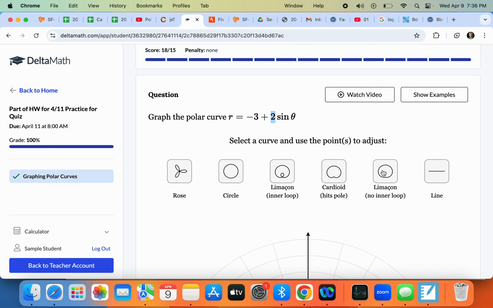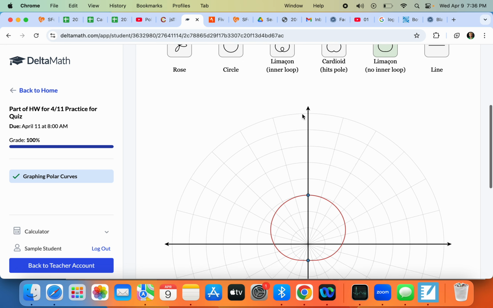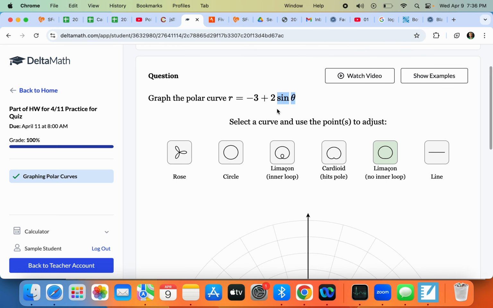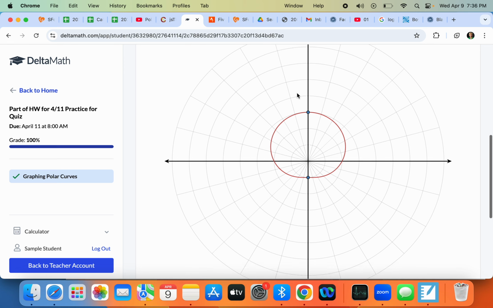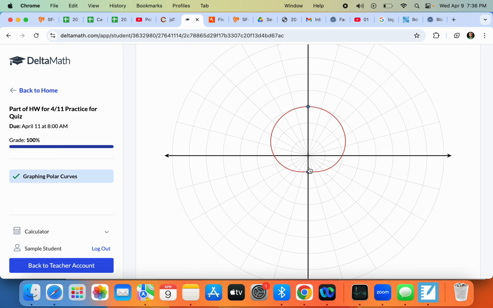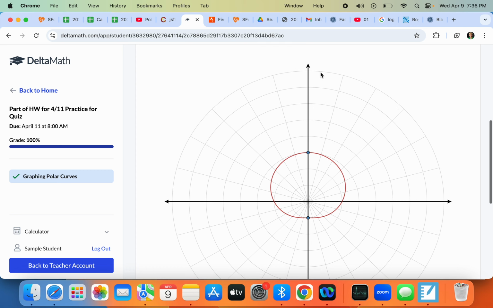So now I have this one, and it's going to be on the y-axis. So I get my little circle thing on the y-axis, and then you can fill in pi over 2. If you fill in pi over 2, you'll get a total value of negative 1. So I'm turned toward pi over 2, and I've gone negative 1. It's right here.